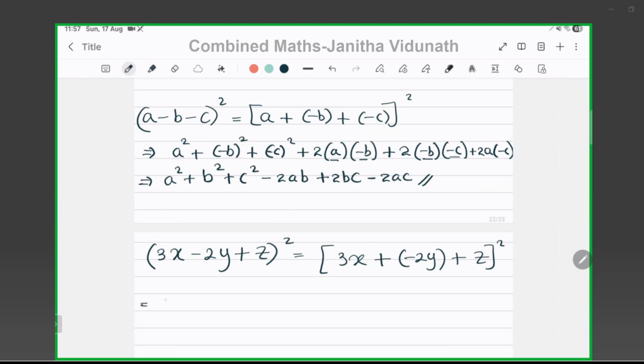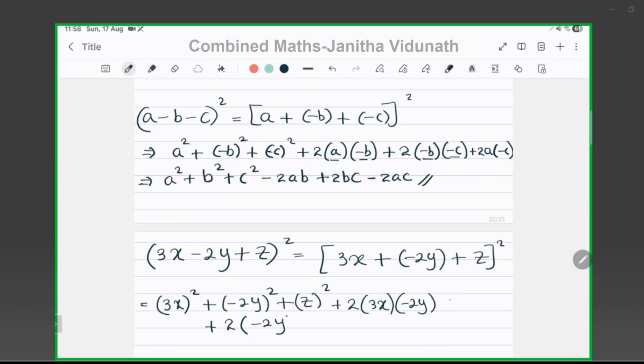Then we get square of the first term, square of the second term, plus square of the third term. Then we get 2 times first term times second term plus 2 times second term times third term plus 2 times first term times last term.